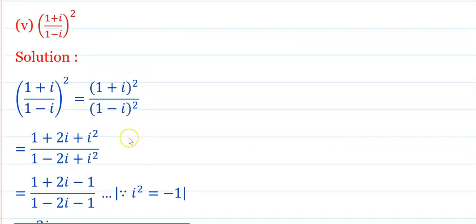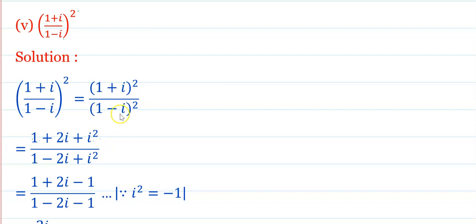Okay, now the next: 1 plus i upon 1 minus i, bracket square. Since the square is on the bracket, numerator square upon denominator square. 1 plus i bracket square means what? (a plus b) square is a square plus 2ab plus b square. So 1 square plus 2 into 1 into i, means 2i, plus i square.